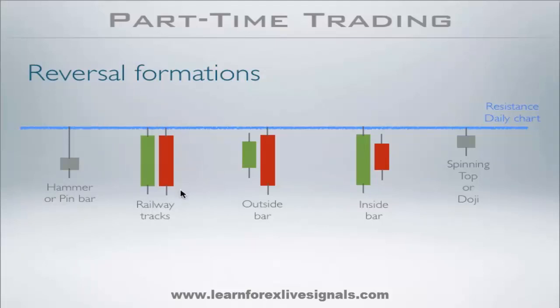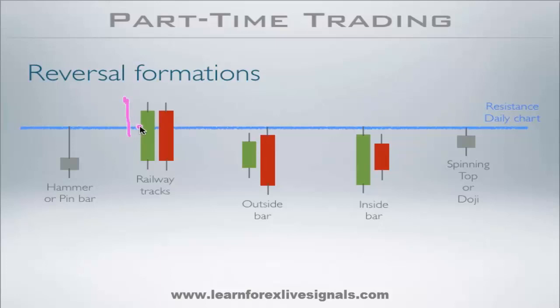All right, we could also apply the same thing to all these different formations. Actually, the railway tracks can be either a reversal formation, it looks just like that, with price touching and bouncing right off that particular level of support and resistance, or it can take the shape of a railway tracks as in a fake breakout, and then it will look something like this.